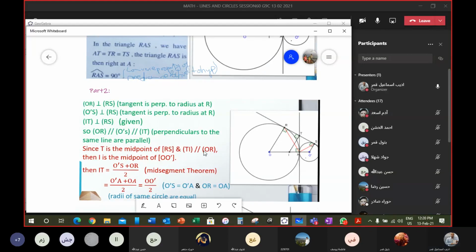Then IT is also perpendicular to RS, given. So what do I have? OR is parallel to IT, parallel to O prime S. Perpendiculars to the same line are parallel. OR is perpendicular to RS, IT is perpendicular to RS, and O prime S is perpendicular to RS, so OR, IT and O prime S are parallel because they are perpendicular to the same line.